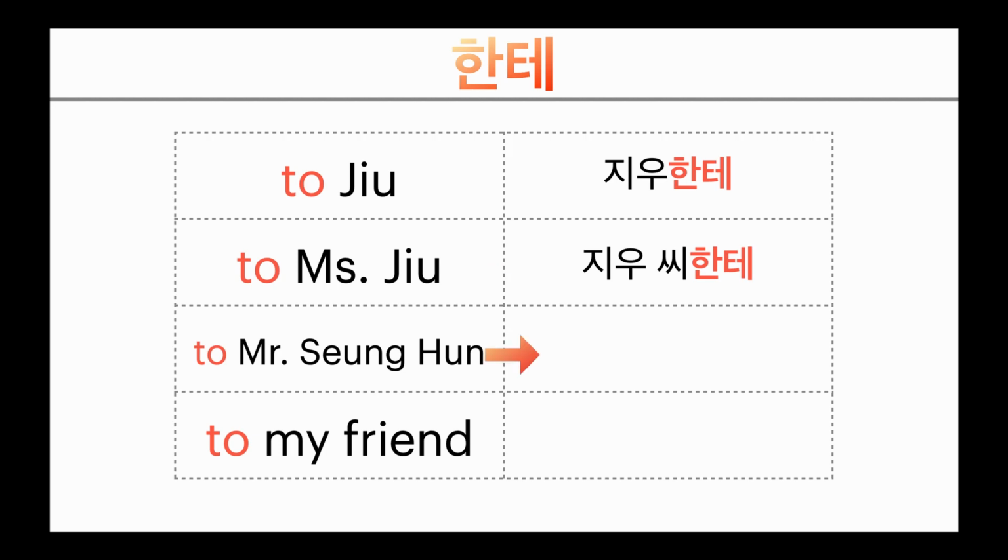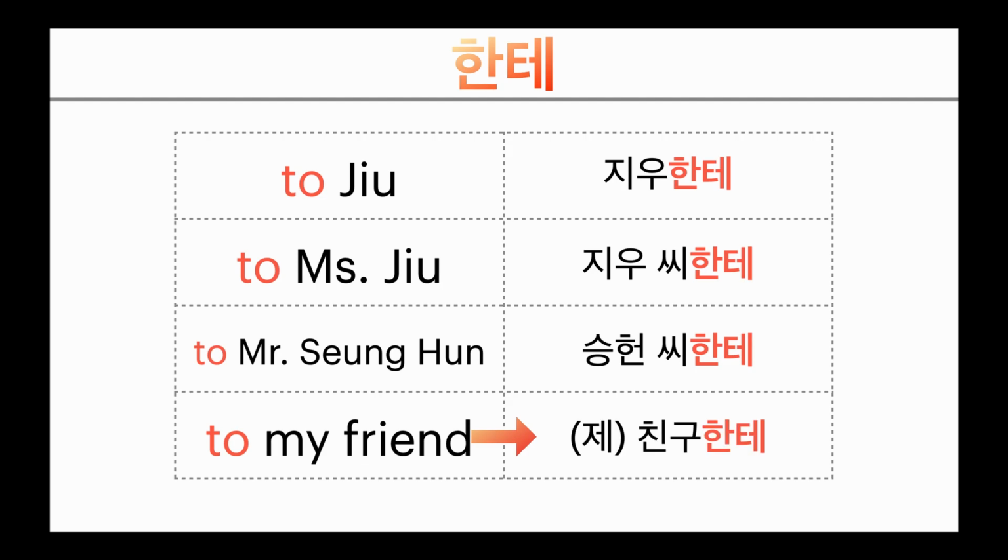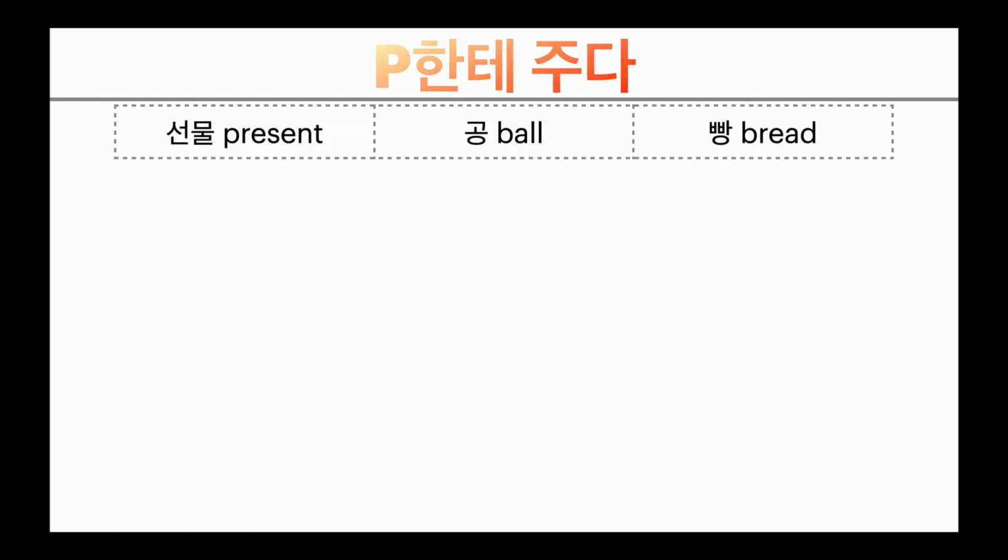To Mr. 승헌. 승헌 씨한테. To my friend. 친구한테. Or 제 친구한테, 저의 친구한테. Alright, let's follow this pattern here. person한테 주다. To give to person.